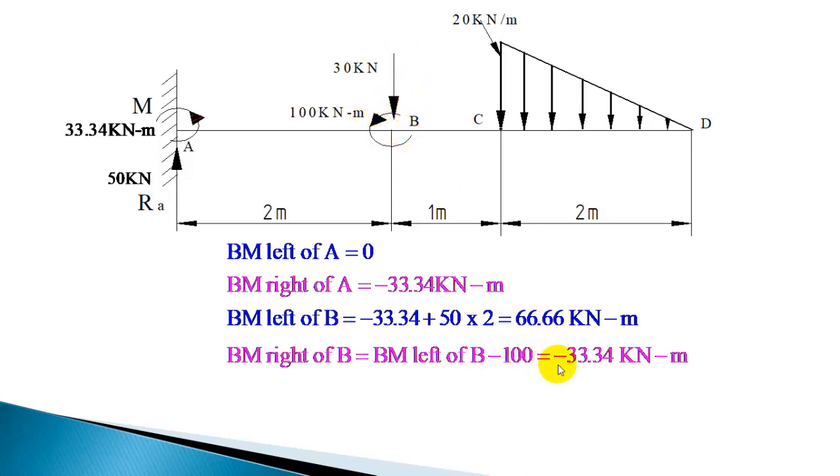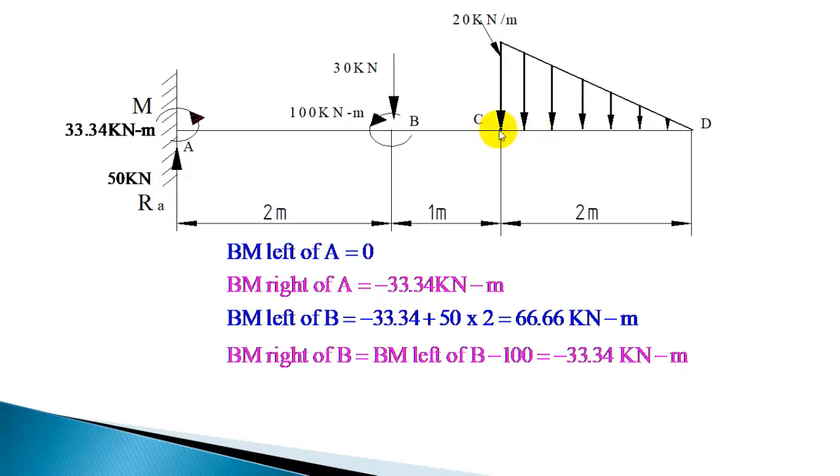You can again sum this up. Immediately right of B is minus 33.34 plus 50 into 2 minus 100. So it is minus 33.34 kilonewton meter.